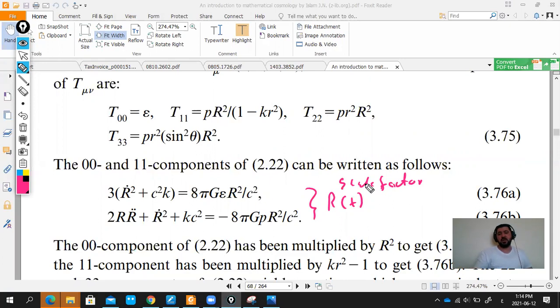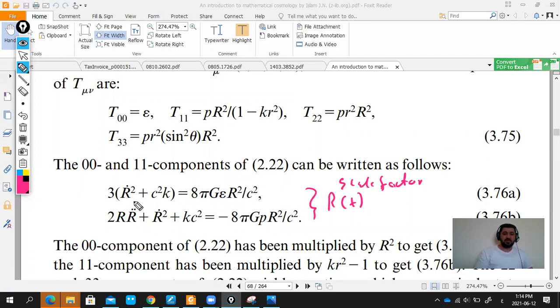Why? Because now we know how we can describe the evolution of the universe, how the universe is expanding, and how we can describe this expansion according to the substance in the universe, according to the matter in the universe.